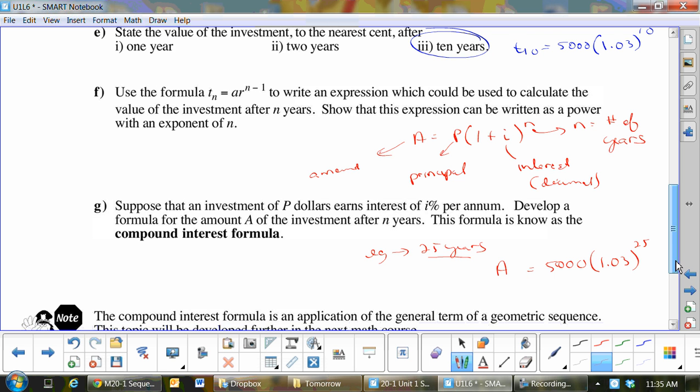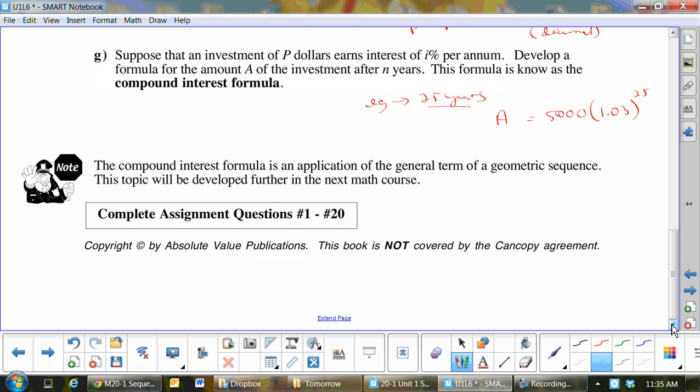Okay, so we're going to do 1 to 11, and omit 3 in that one, and 15 to 20.